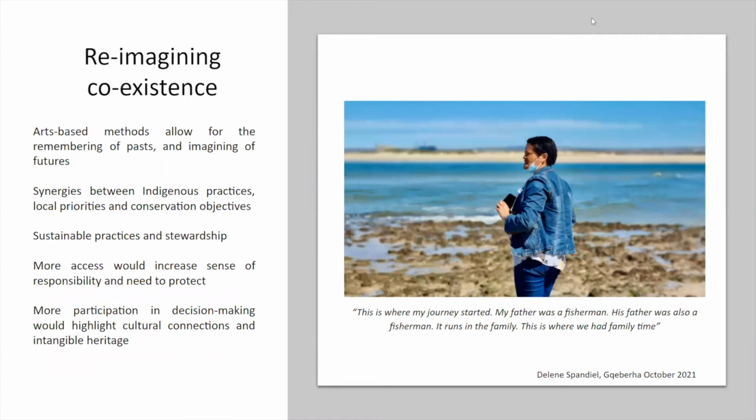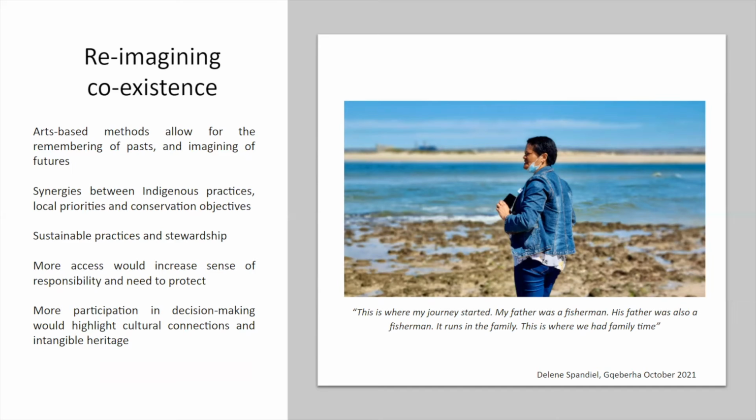But we also found that some of the stories and the ways of expressing through photos and recorded stories were reimagining coexistence with the ocean and the coast. And like I said, it allowed for a space for remembering the past as it has been, and also imagining different futures.